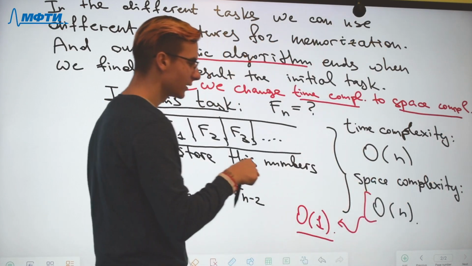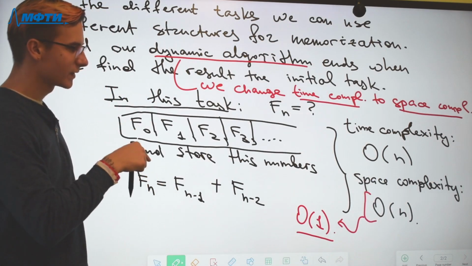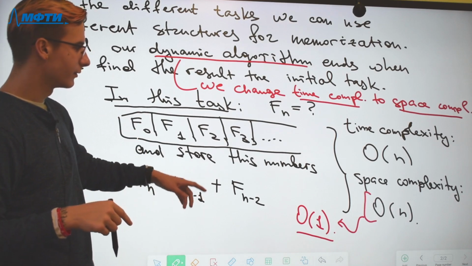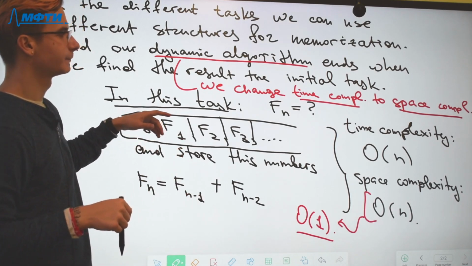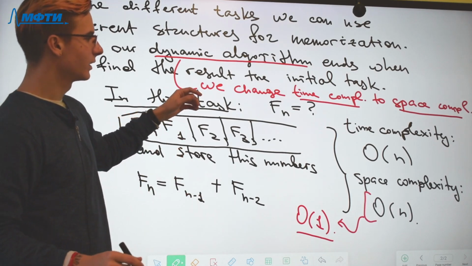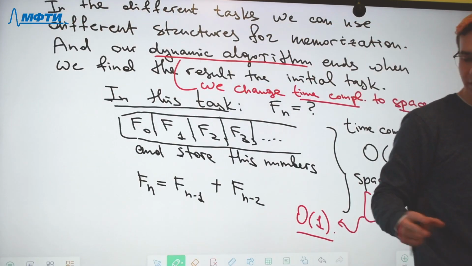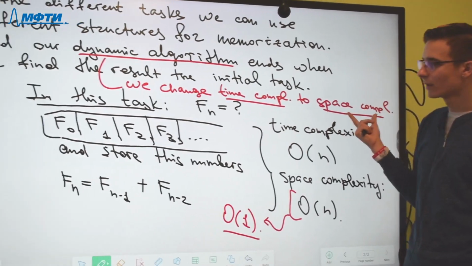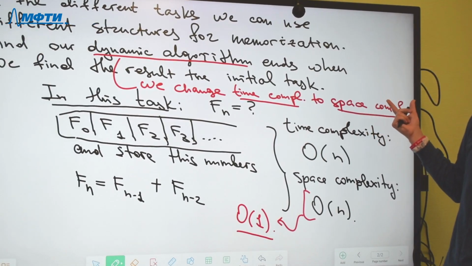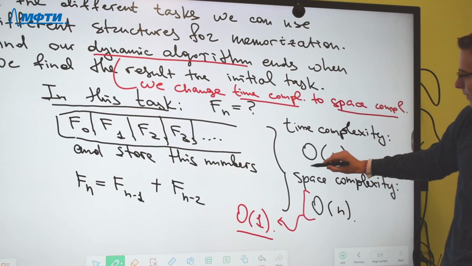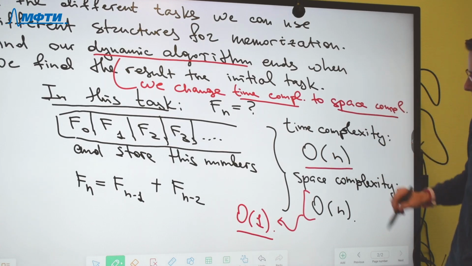And of course here we can improve this algorithm so that we do not spend a lot of space and get the speed up in time from exponential to linear.